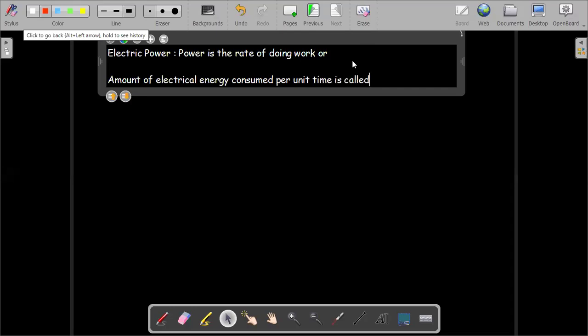So both can be called power. Either you talk in terms of energy or in terms of work. In both ways, we can define the electric power. Got it?